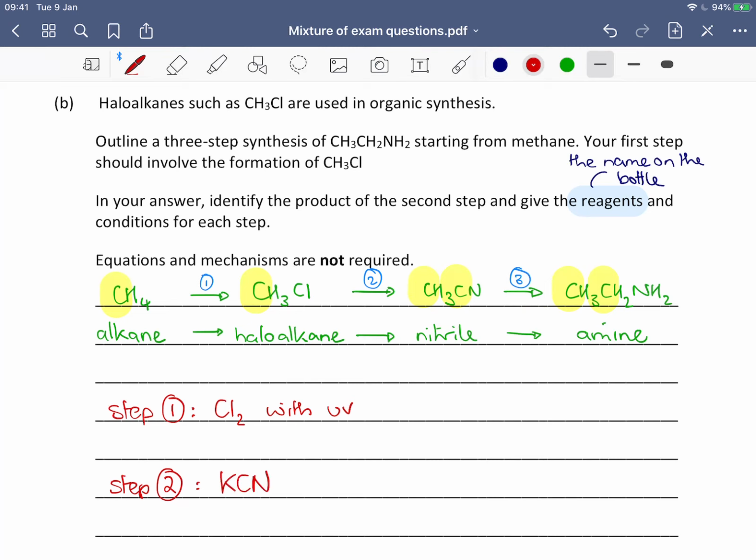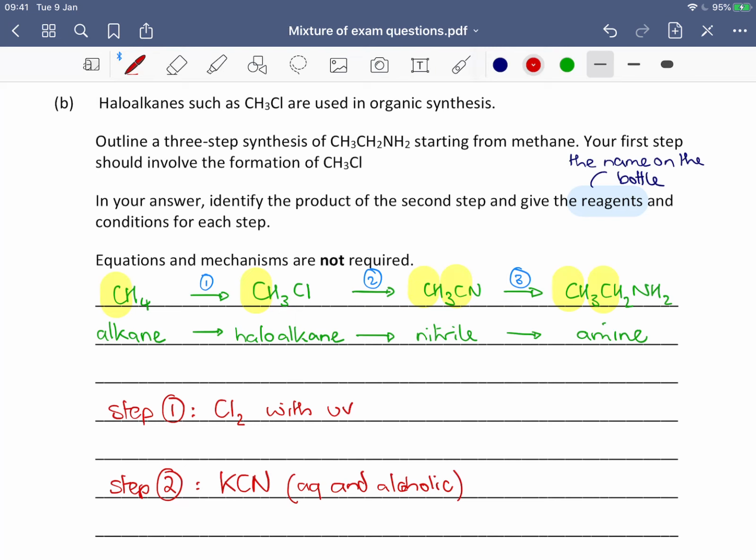Now this is one that's sort of tricky to remember. You need it to be aqueous and alcoholic. And the reason for both of these is to maximize the reaction. Basically, the haloalkane will dissolve better in the alcohol. The potassium cyanide will dissolve better in the aqueous. The alcohol and water will mix together as well. So it just means the reaction is much more efficient.